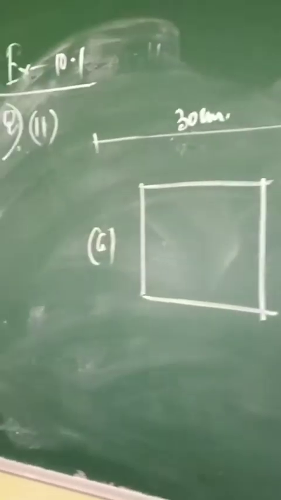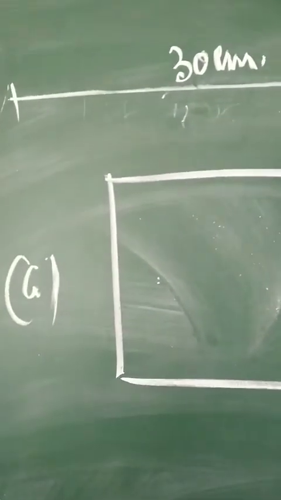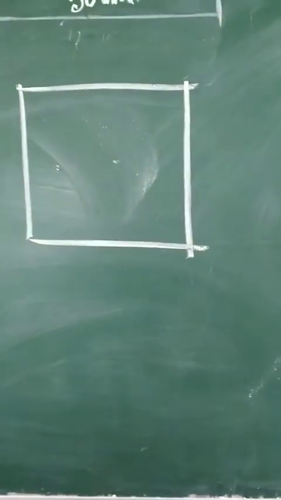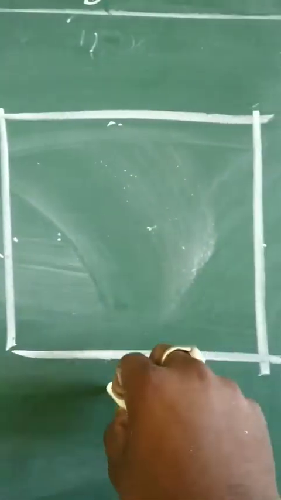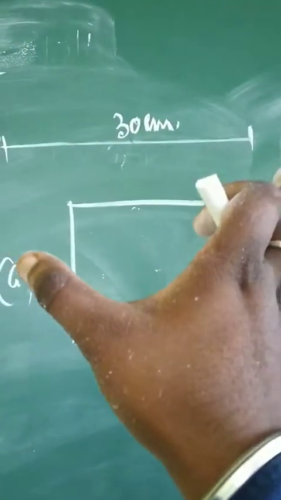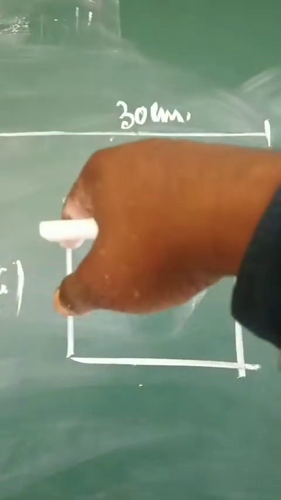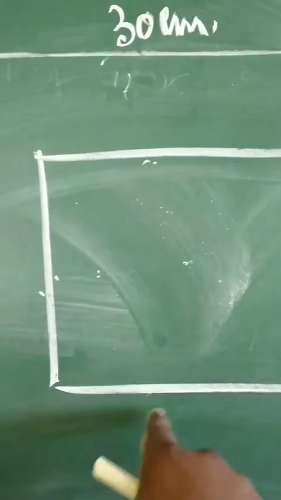Children, to solve this question, we need to understand the basic properties of a square. A square is a quadrilateral, a four-sided polygon, in which the measure of all four sides is equal. I repeat, the measure of all four sides is equal. So if I am using a string of length 30 centimeter, I bend it to form the shape of a square with all equal sides.